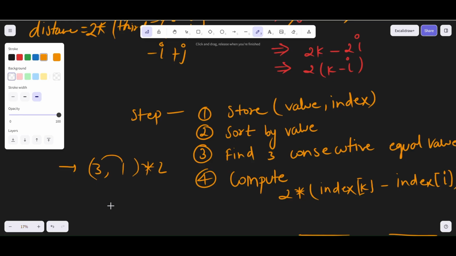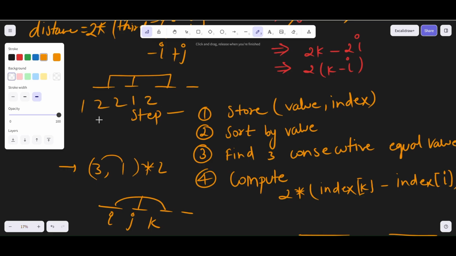So how can we know these are three indices whose values are equal, and that they are sorted? The idea is simple. If you sort the array, all equal values will be together. Like if you sort this array, it converts into 1 1 1 2 2.